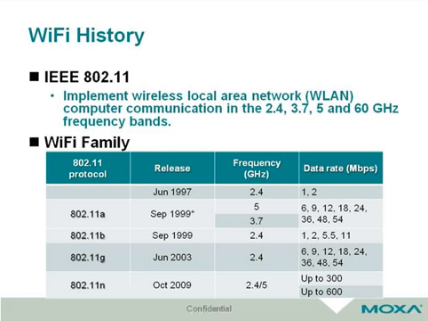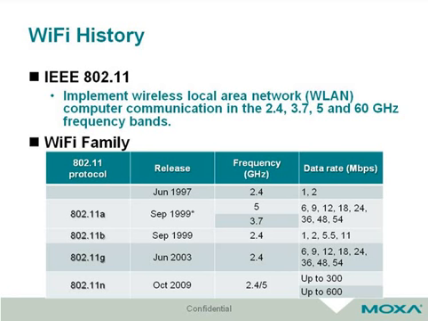The IEEE 802.11 implements wireless LAN computer communication in the 2.4, 3.7, 5, and 60 GHz frequency bands since 1997.